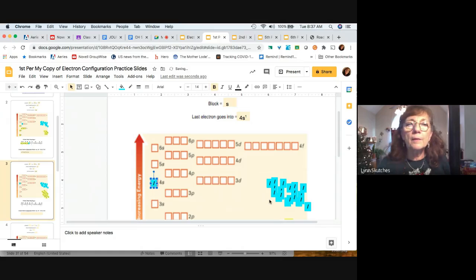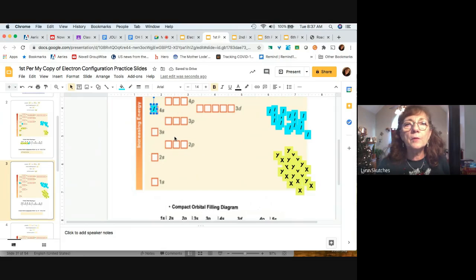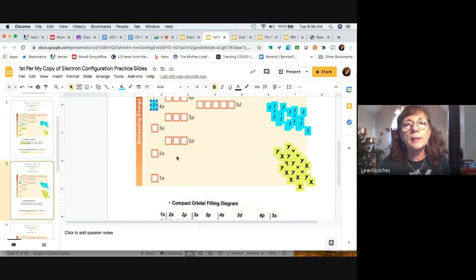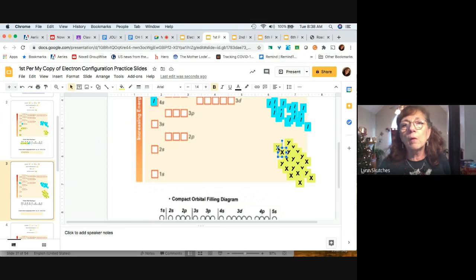And again, all the other layers have to be full. So since it has 2, 2, 6, 2, 6, that gets us to 18, plus 1 is 19. We know that all of these other boxes are doubled up.